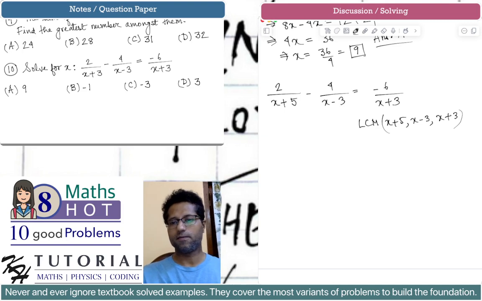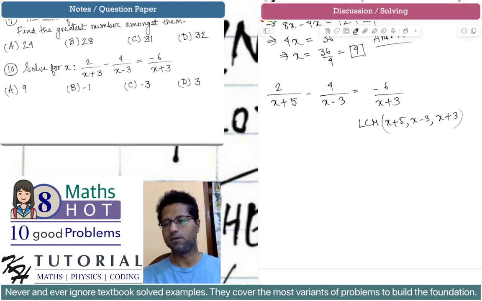Why linear? Because the highest power of the variable is 1. That is why any polynomial of degree 1 is also known as a linear polynomial or linear expression. So x plus 5, x minus 3 and x plus 3 are all linear expressions. How do I know what will be the LCM of x plus 5, x minus 3, x plus 3?